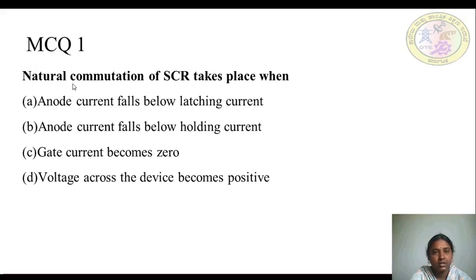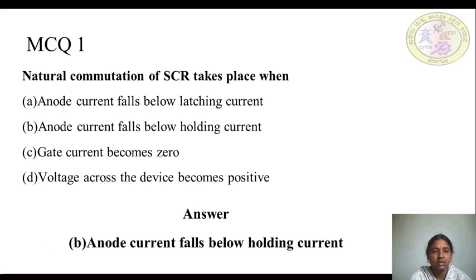To understand the question, natural commutation of SCR takes place. So try to think. The answer is anode current falls below holding current. So you already know there are two types of current.